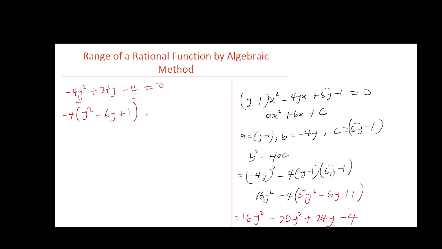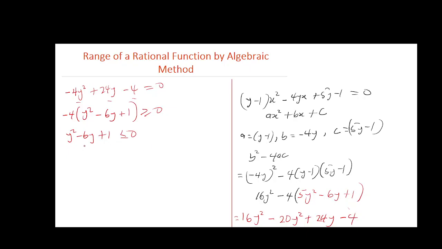All right, so if we solve the inequality, this will be greater than or equal to 0, so that we are focused on y squared minus 6y plus 1. Minus 4 will be greater than or equal to 0. So we discard that. We only focus on this, which will mean that y squared minus 6y plus 1 will be less than or equal to 0, just like minus 4 will be less than or equal to 0.